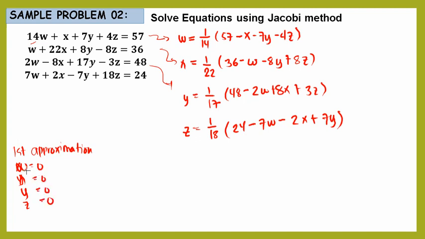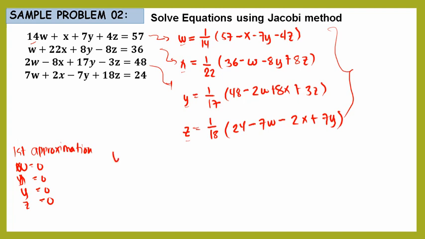So, pag 0 ang w, x, y, and z natin, pag sinubstitute natin itong value nila na 0 dito sa ating equation, makukuha natin yung first approximation value ng w, first approximation ng x, first approximation ng y, and yung first approximation ng z.